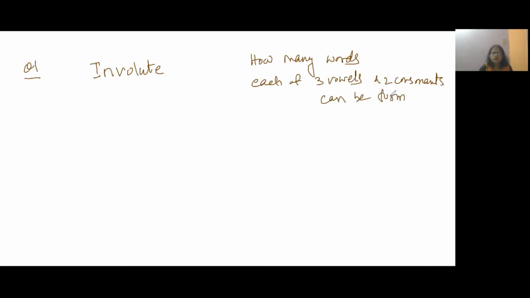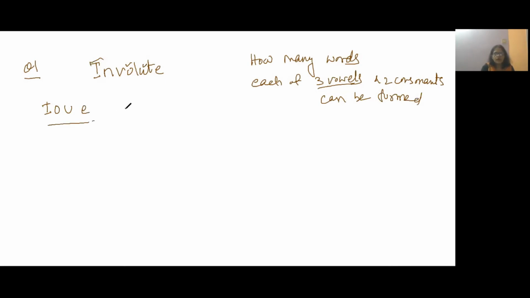Now you see, involute has 1, 2, 3, 4, 5, 6, 7, 8 letters. But we have to consider three vowels and two consonants. Now let's separate them. I, O, U, E. These are the vowels we have.